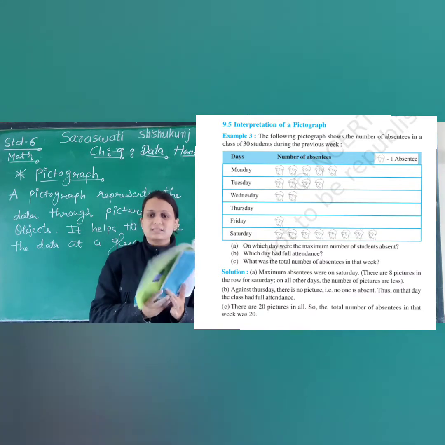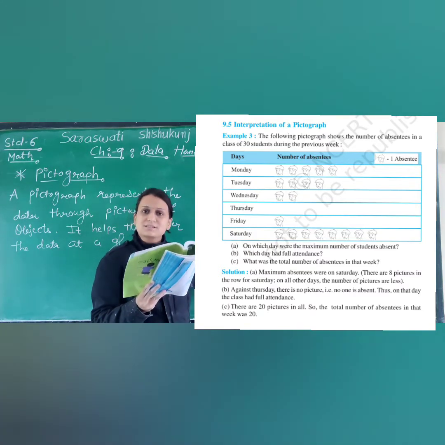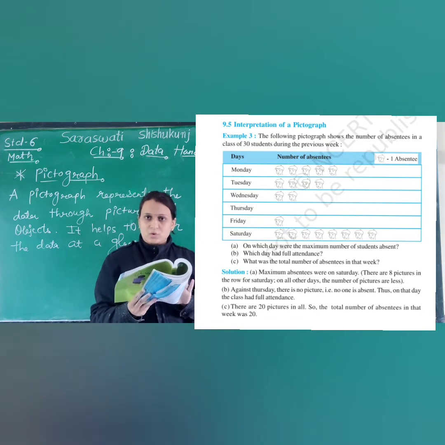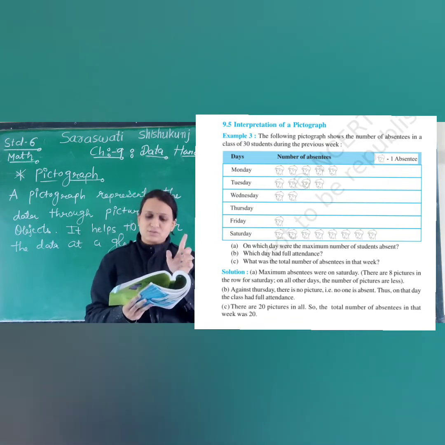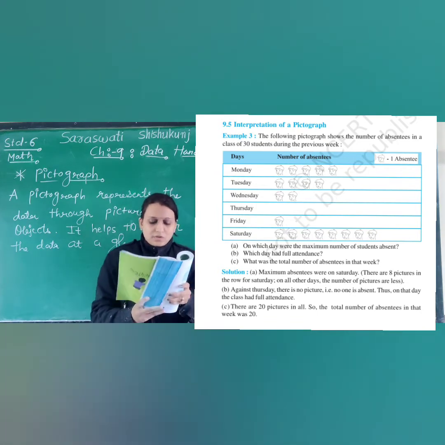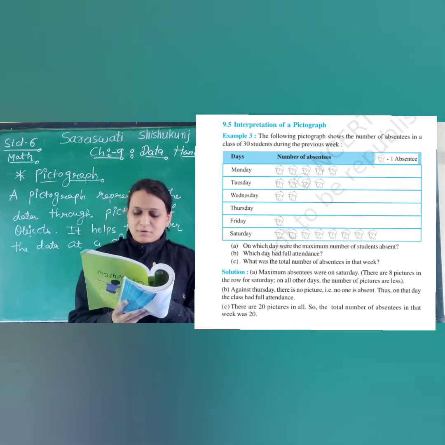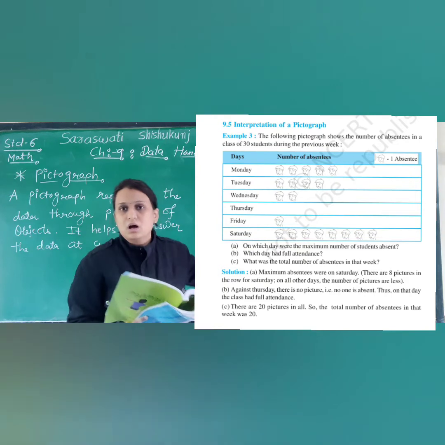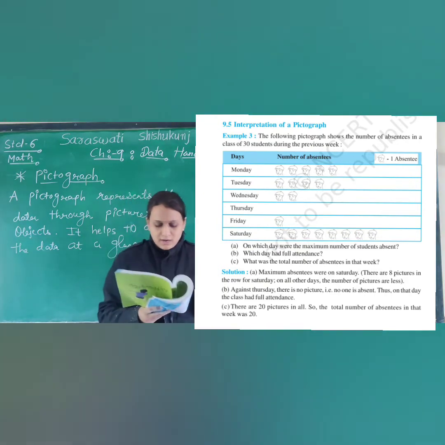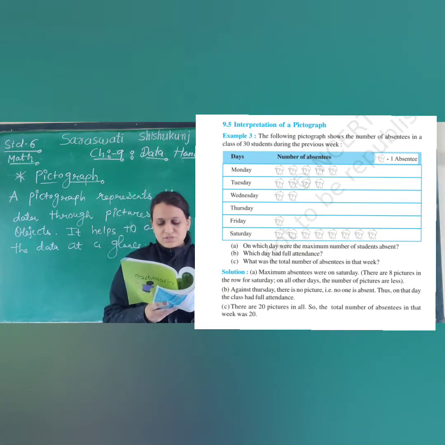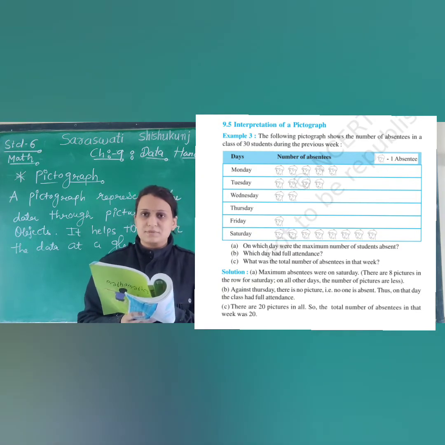The scale is given: 1 smiley is equal to 1 absent student. The A question is: on which day were the maximum number of students absent?